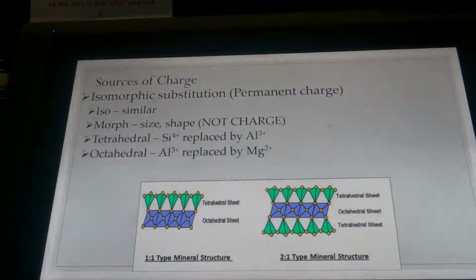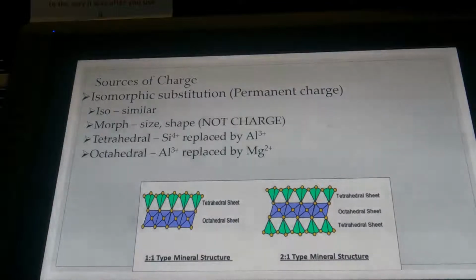So isomorphic is about space and size, not about charge. Because if it was about charge, then if it was only one charge for the other, there would be no change in charge, right?